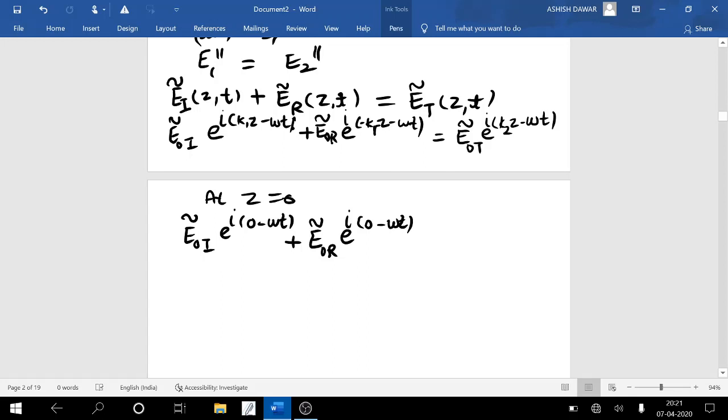Okay, so this is equal to E0t exponential iota 0 minus omega t.